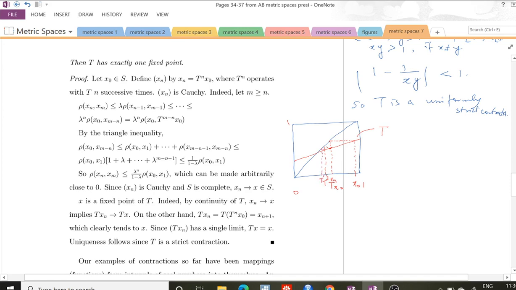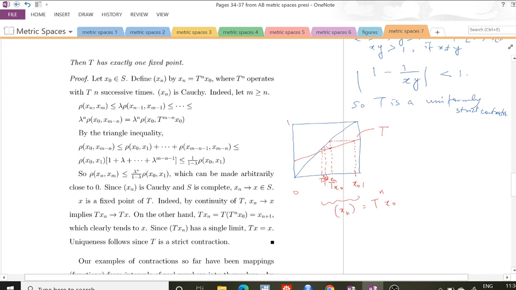That's T3 x naught, and so forth, okay? So these points are being called xn, where for each n, xn is T^n x naught. I've operated on x naught n times. So I've hopped n times from x naught, okay? Hop once, hop twice, etc.